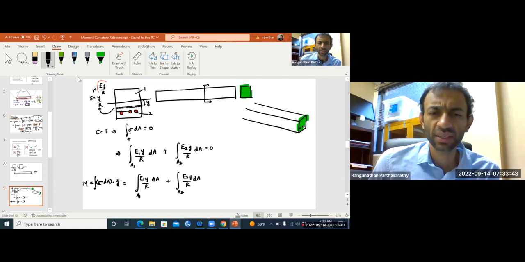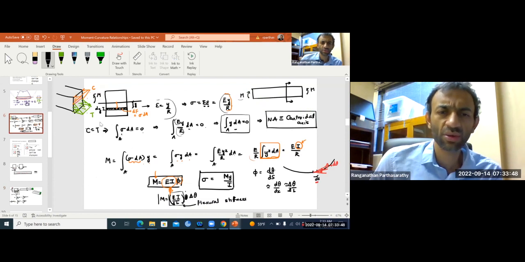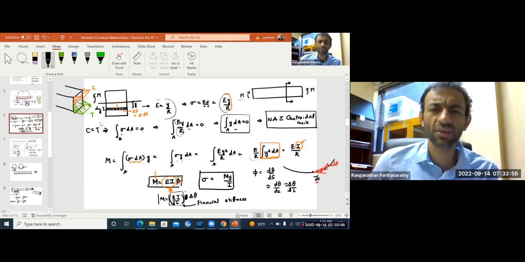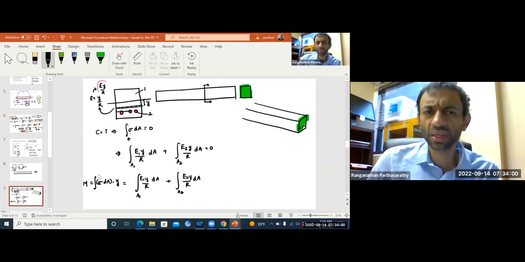For the homogeneous beam, we just took out E as a constant, R is also constant, and then we could simplify the equations a lot. But here, when we have two materials inside, we are unable to simplify the equations beyond this point.